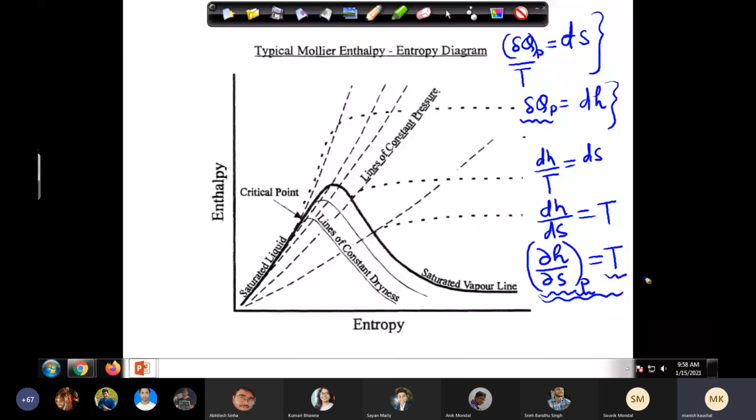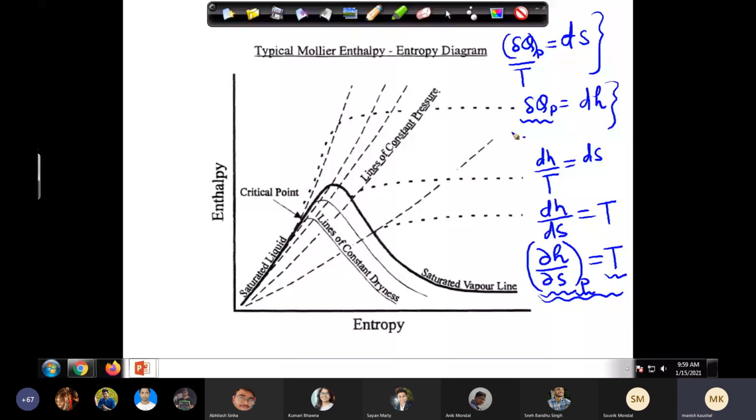Okay, now let me ask you this way. How do we know that this HS curve, any curve, should be an increasing curve? Can anyone comment? This HS curve should be an increasing curve for constant pressure line. How? So my question is this, and then we'll take a break.